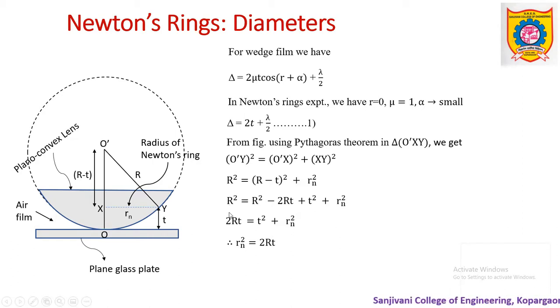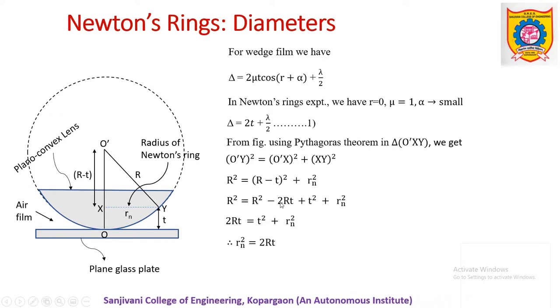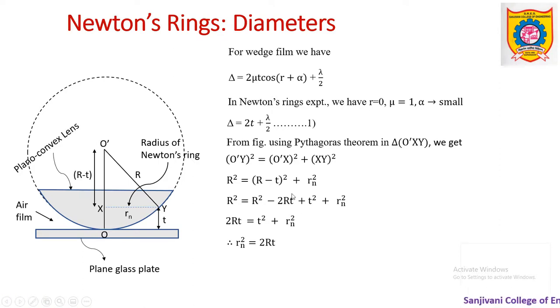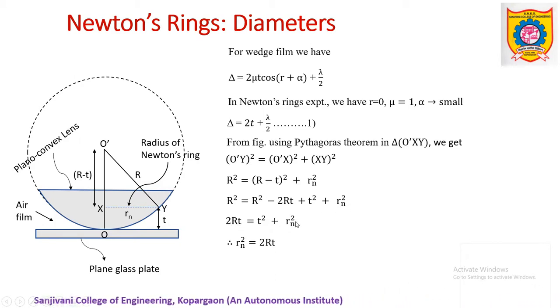R square is equal to the square of this bracket, R square minus 2Rt plus t square, plus Rn square. Now this R square cancels, and this 2Rt is shifted towards LHS, so it becomes 2Rt is equal to t square plus Rn square, or if we write the expression for Rn square, it will become 2Rt minus t square.